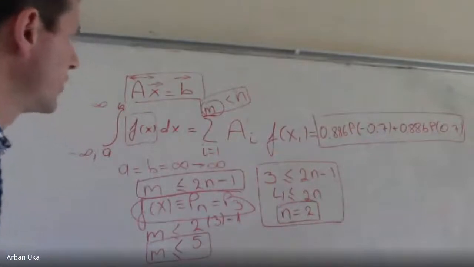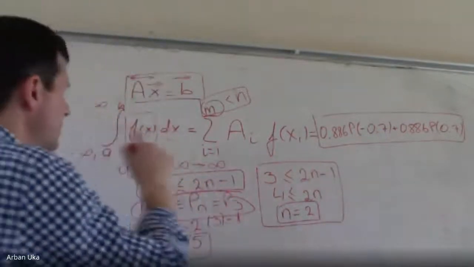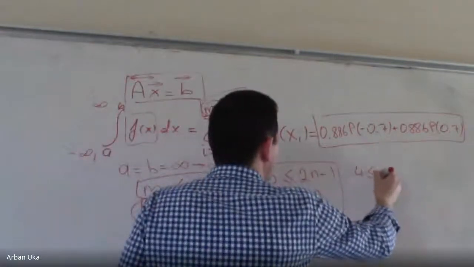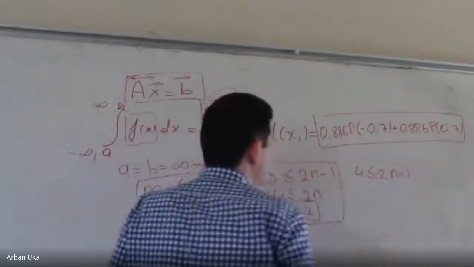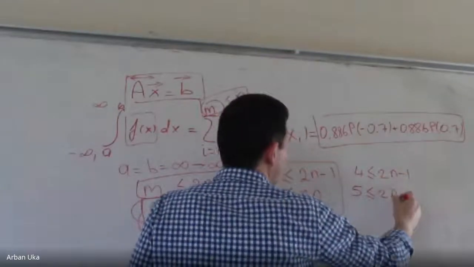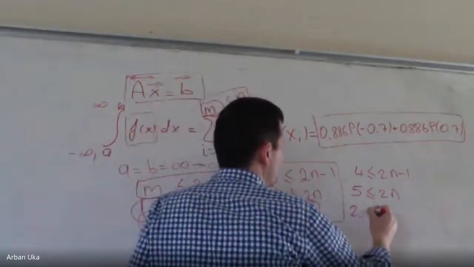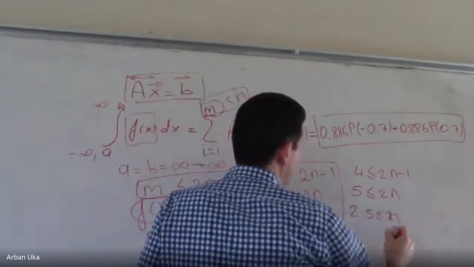If it is a polynomial of the fourth order, then we would have the following. Here the 4 would be smaller or equal than 2n minus 1. Then this would be 5. This is 2n, then divided by 2, this would be 2.5 smaller or equal than n.